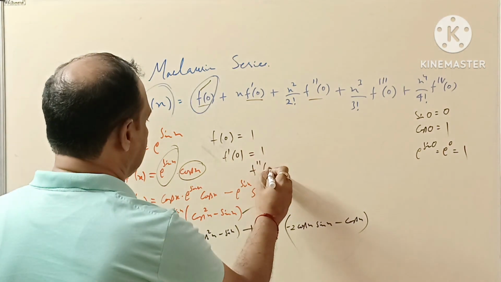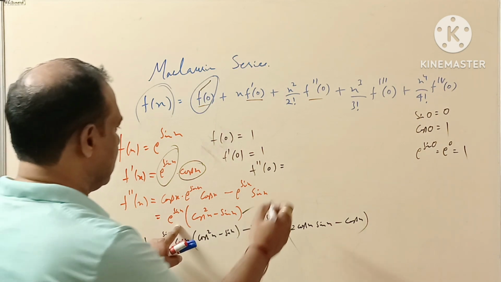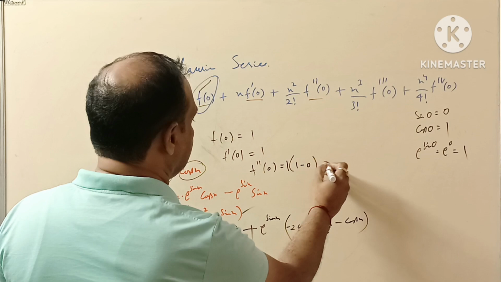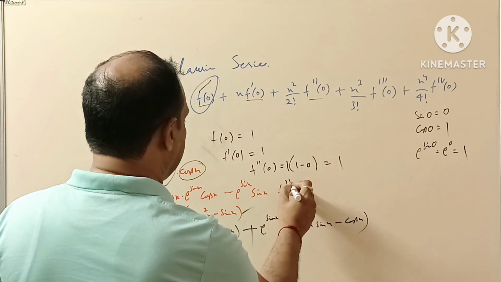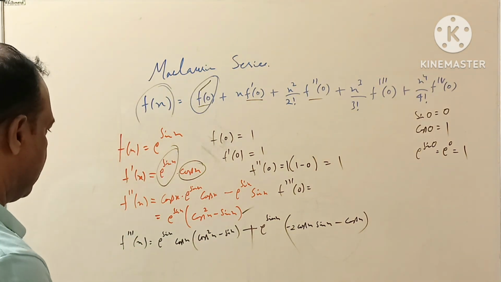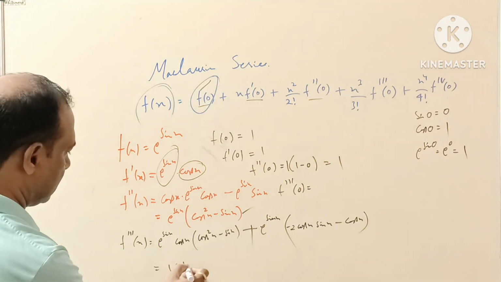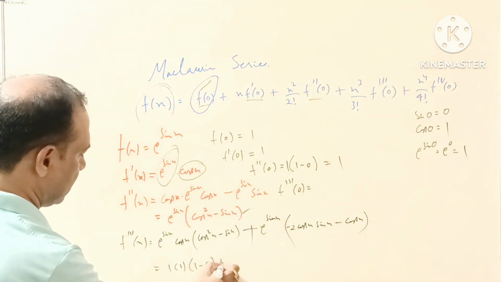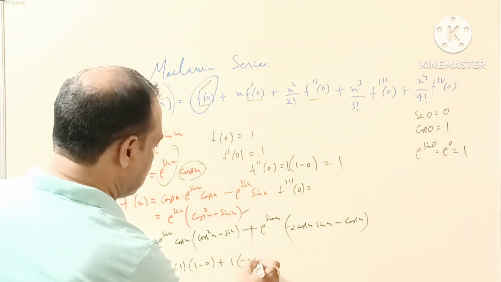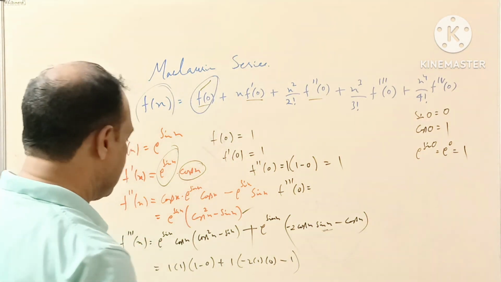Now for f double dash 0, what you are having? F double dash 0, this is 1, okay, outside, and inside this is 1 minus 0, you will be again having 1. And for the f third part, which I think is quite lengthy, if you try to put here, this is 1, this is 1, here this is 1 minus 0 plus 1, and here this is minus 2 into 1 into 0, and this is minus 1, okay, here this is 0.